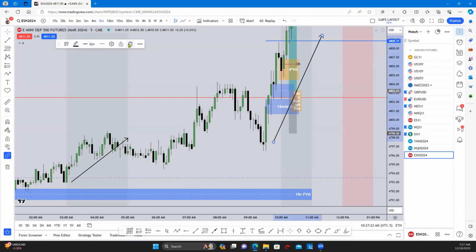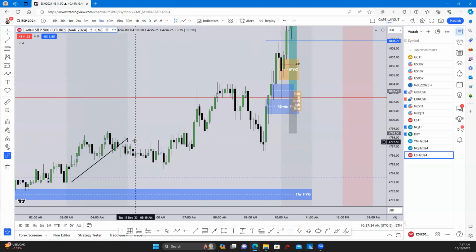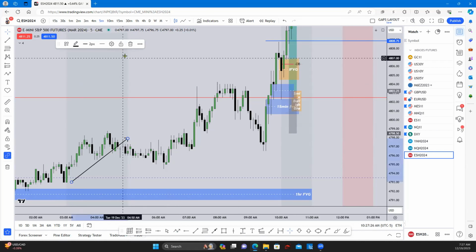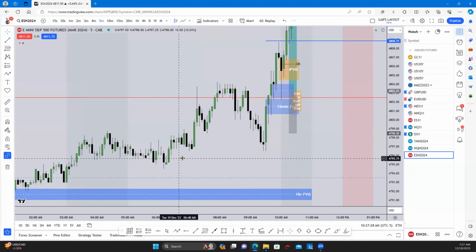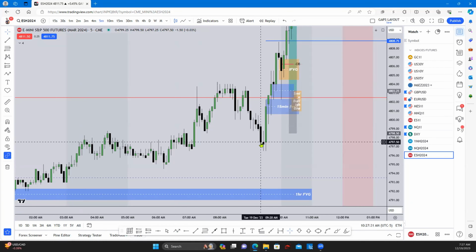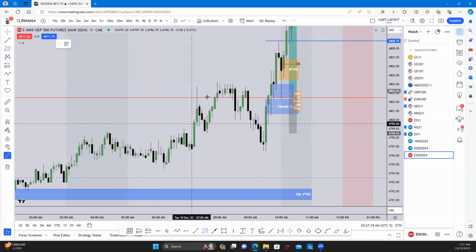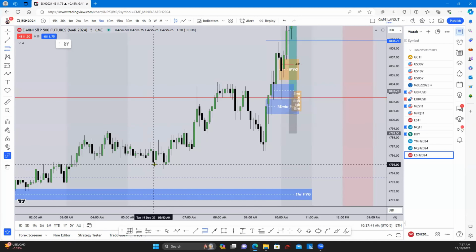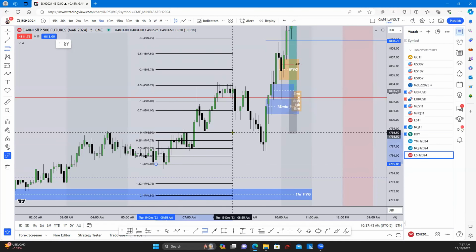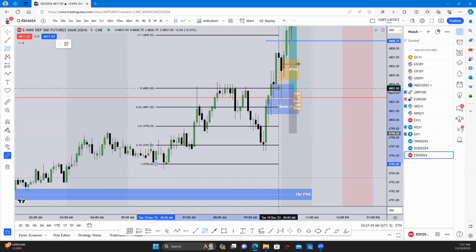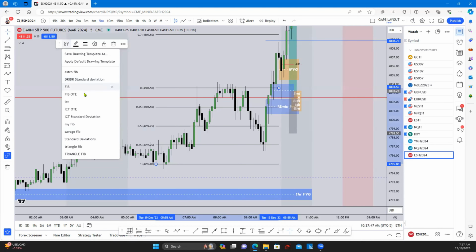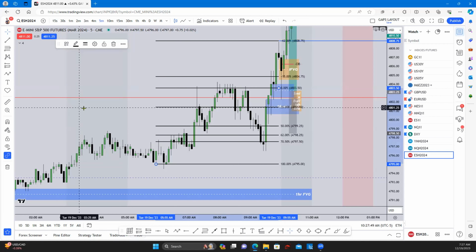That's one. Two, this pullback that we get from that 7 to 9:30-ish, if we take our Fibonacci and take this low, before we started this pullback, to this high, switch to the ICT optimal trade entry.